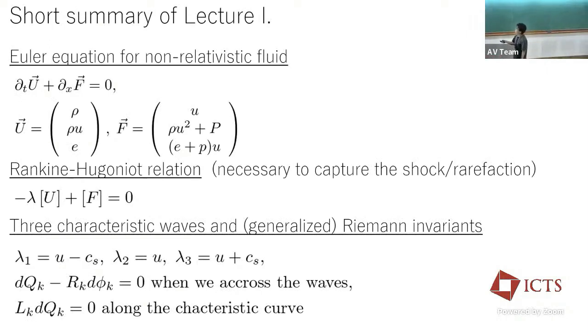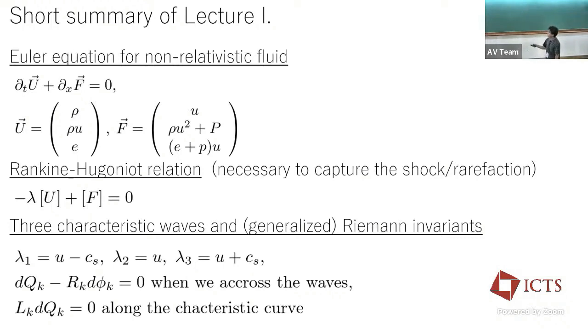For non-relativistic fluid without gravity, the Euler equations, the continuity equation and the energy equation are written in this conservative form, right? These are the conserved quantities: density, momentum, energy, and this is the flux.